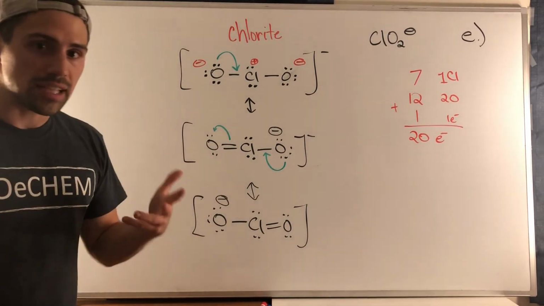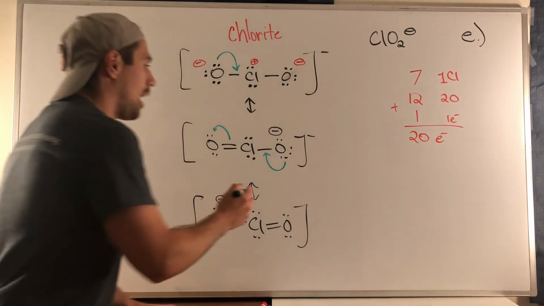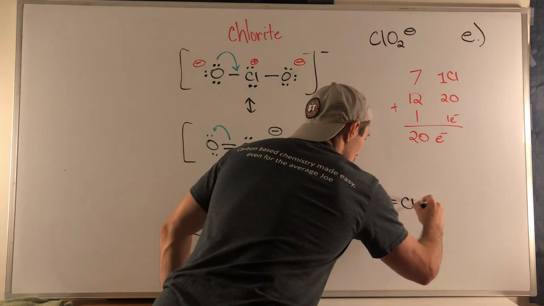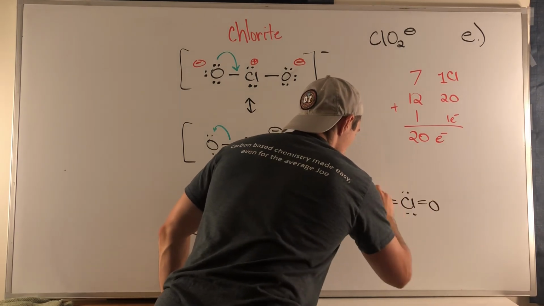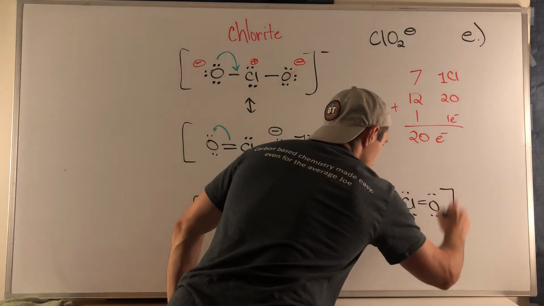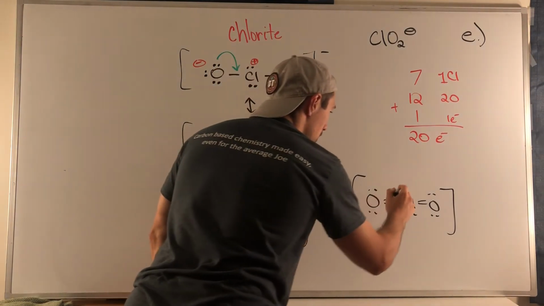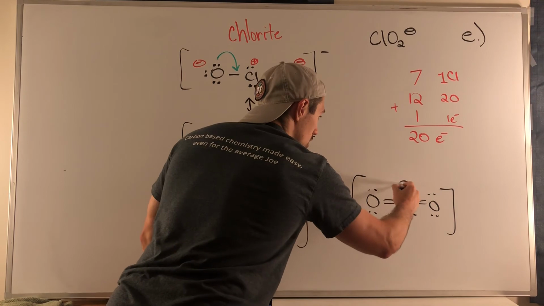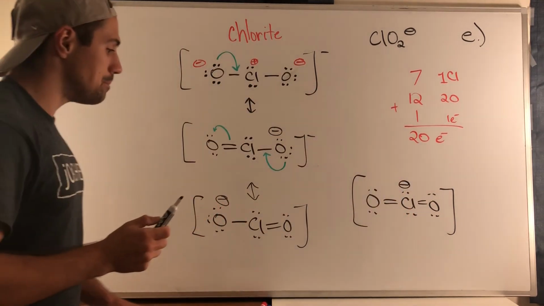And there is one more resonance structure I do want to show you. I'm not going to draw the arrows to appropriately do it, but we could have this resonance structure as well, where the negative charge is on chlorine. 1, 2, 3, 4, 5, 6, 7, 8. Okay?